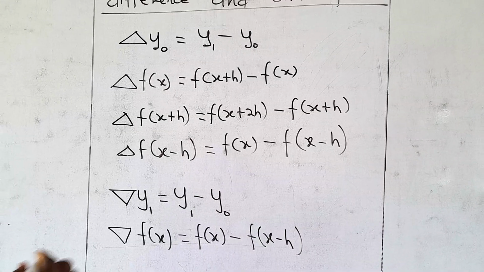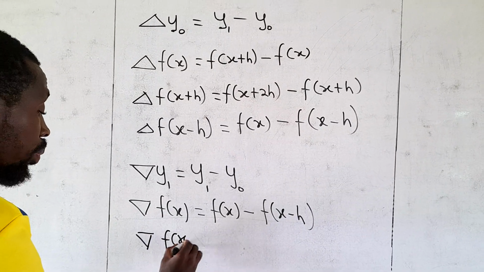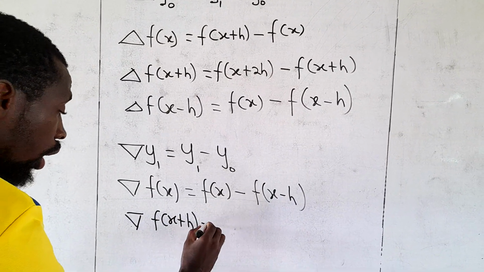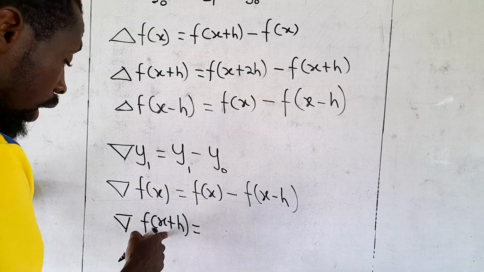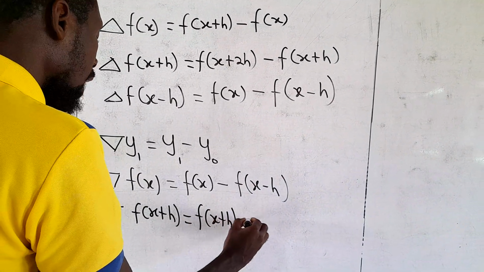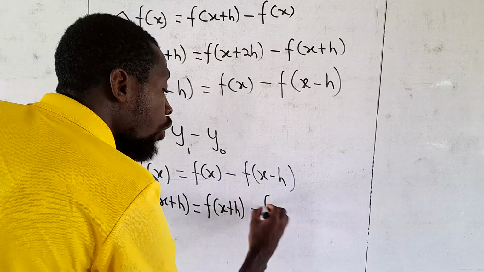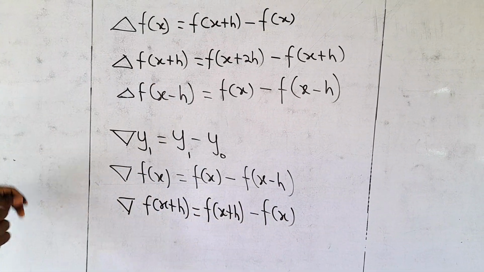We can also say that the nabla of f of x plus h will be equal to the function itself, which is f of x plus h, minus a function that is smaller than this, which is f of x. I hope you are getting that.